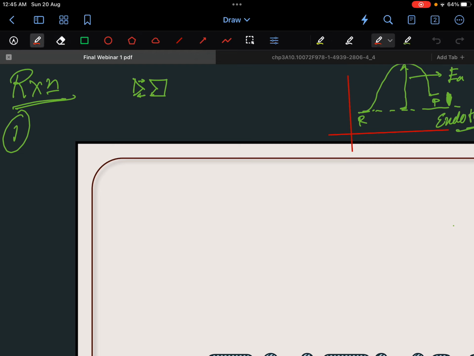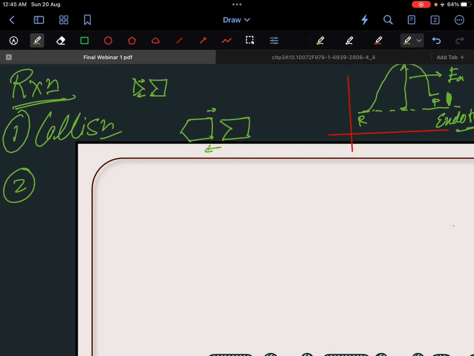So the first criterion of any reaction is collision, right? What is the second criterion? The second criterion is orientation. This is a molecule, and this is another molecule. If they are colliding like this, the collision is happening, this step is done, but will they react?